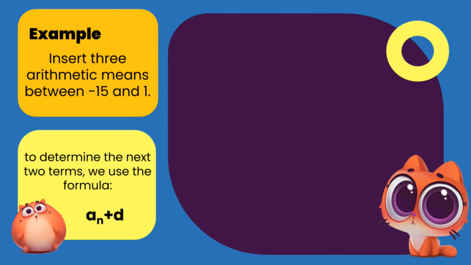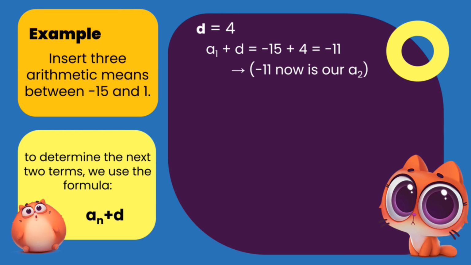To determine the next terms, we use the formula a sub n plus d, and using our common difference, which is +4, our a sub 1 is -15, plus the common difference 4, we get -11, and -11 now is our a sub 2. And from our a sub 2, just add our common difference, we get -7. -7 is now our a sub 3.